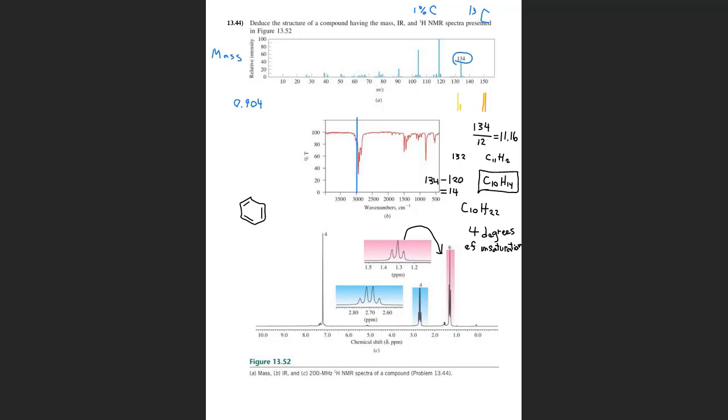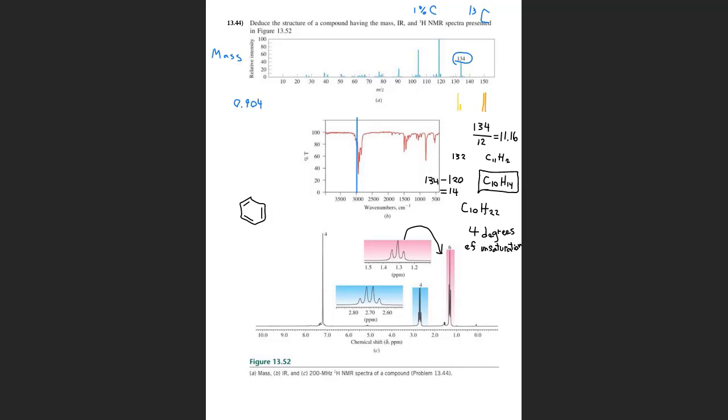I can't have 6 hydrogens on a single carbon, right? Why not? Carbon can't bond that many times. Yeah, exactly. So that means it's going to have to be some other pair.